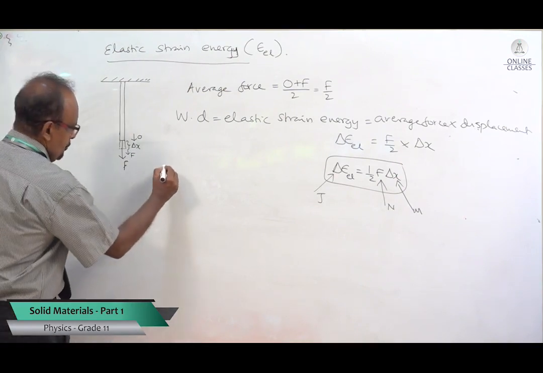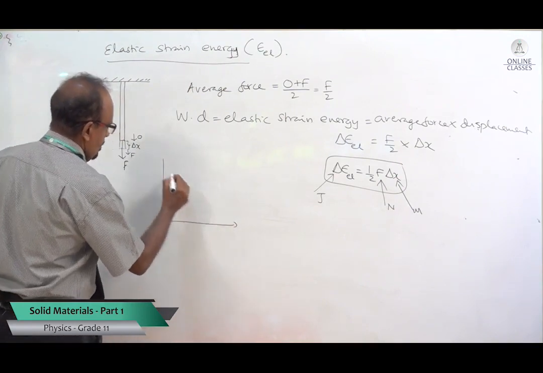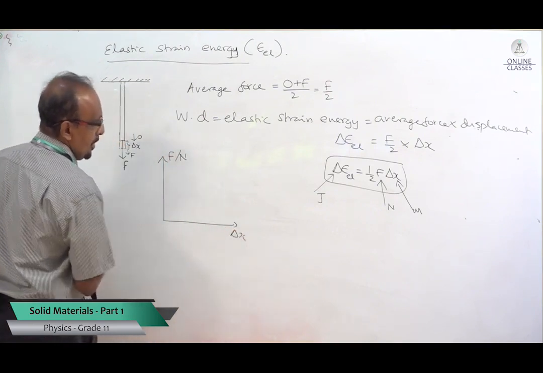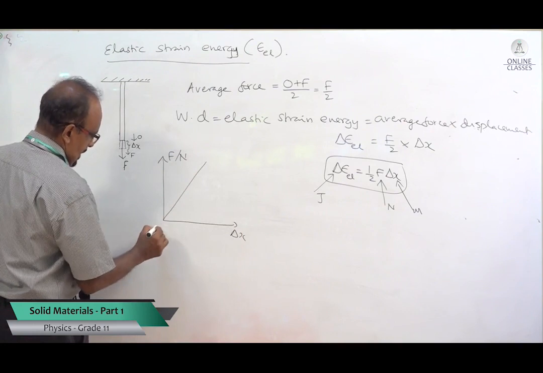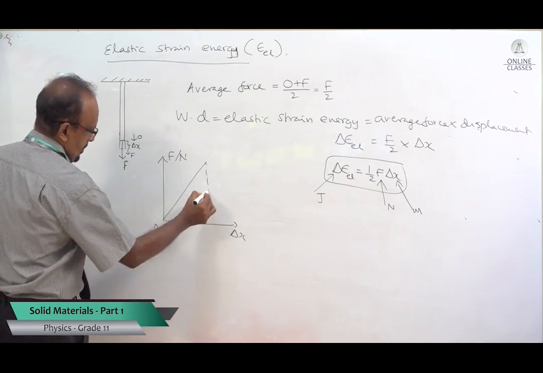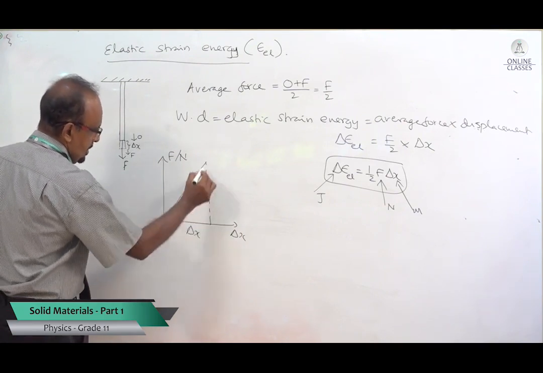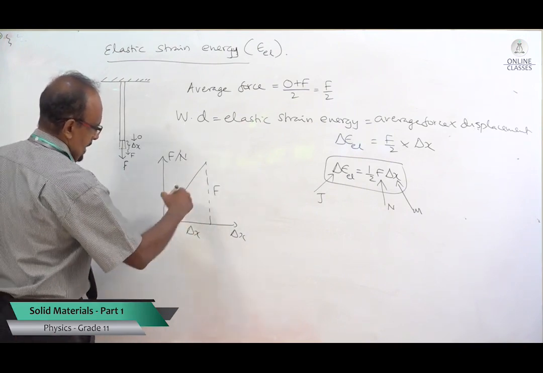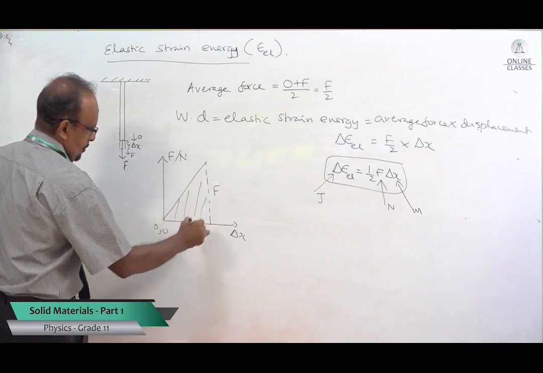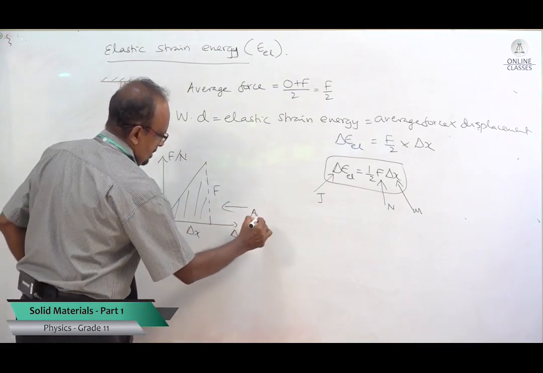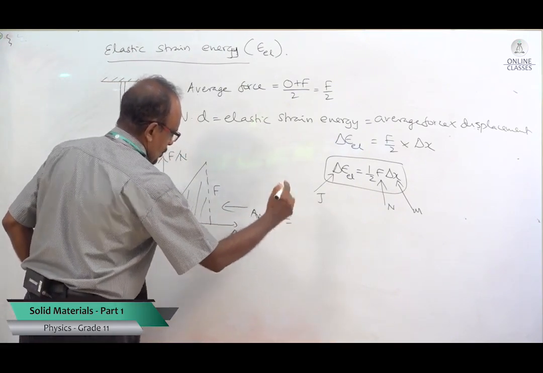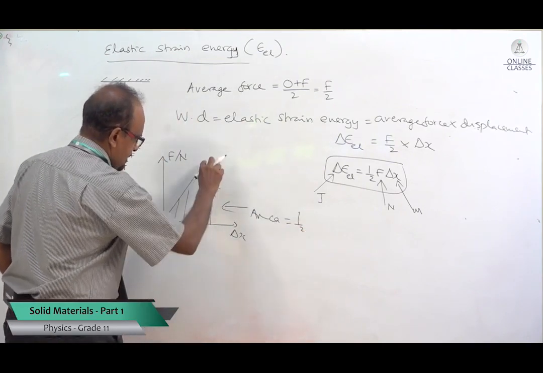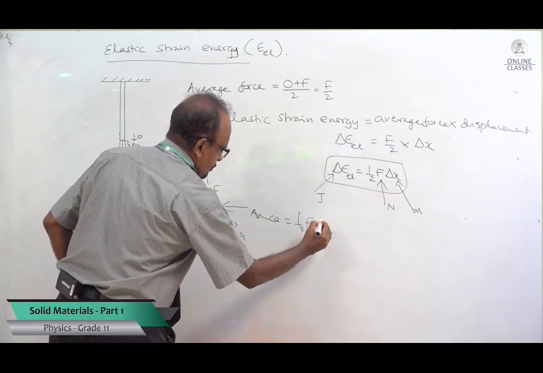Right. If you draw a graph, we have done this force against delta x graph. You can see this is the extension, this is the force. Then the area under the graph will be equal to half delta x into F, half F delta x.